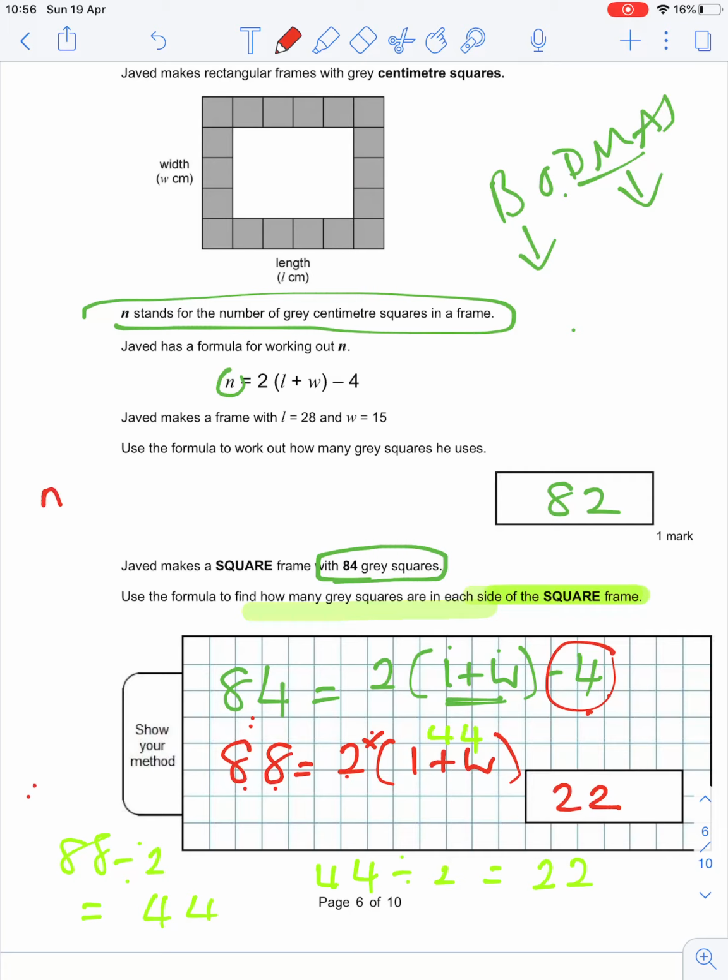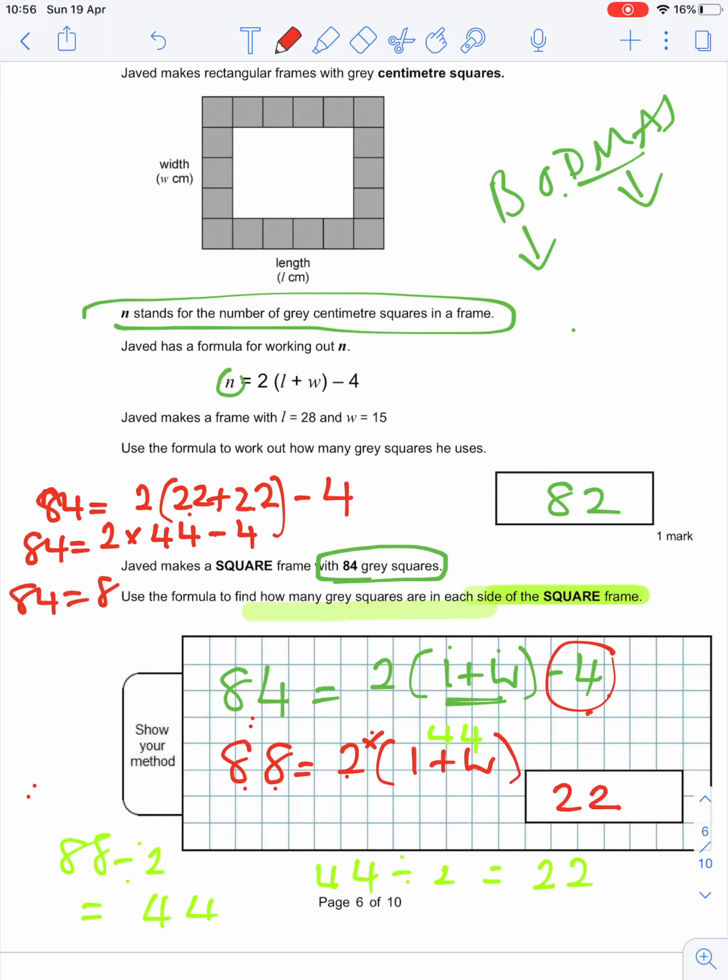So I say 84 equals 2 times 22 plus 22, because it's square, so the length and the width are going to be the same, take away 4. So 84 equals 2 times 44, take away 4. 84 equals 88, take away 4, and 84 equals 84, so it must be 22.